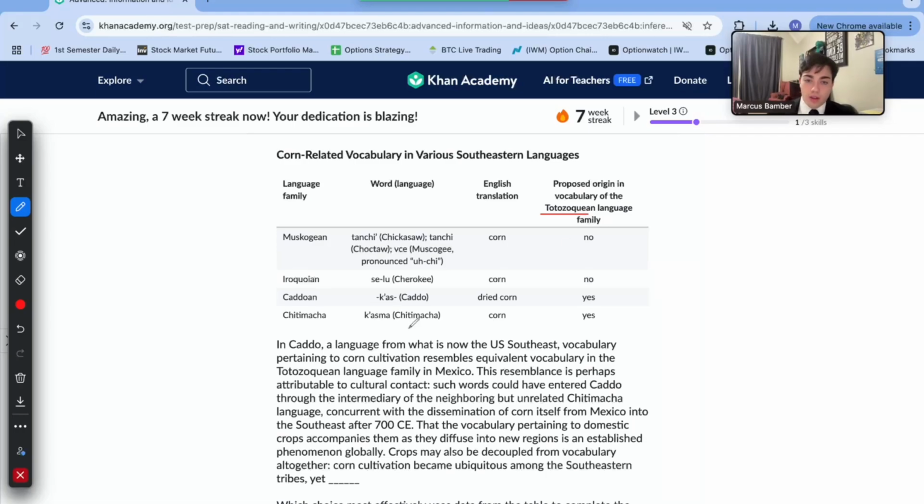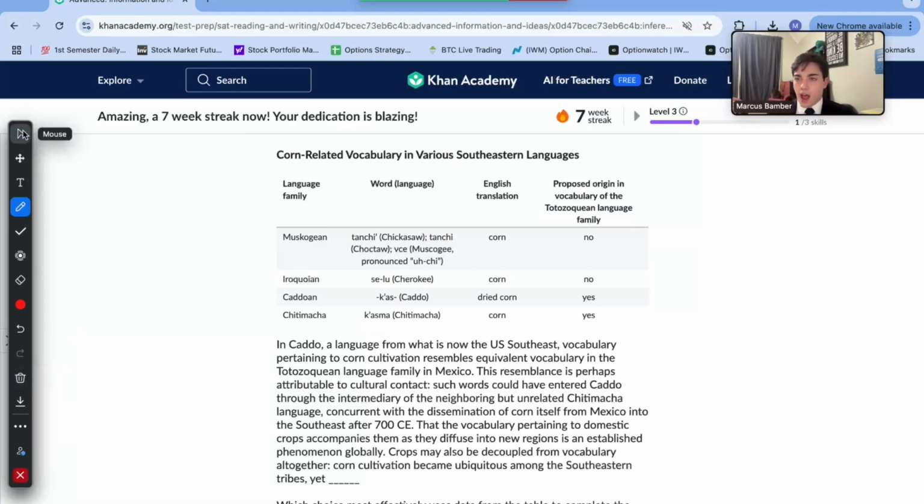So we have all these different words for corn pretty much, and two of them are part of the same Totozoquean language family, and we can already start drawing conclusions that they are quite similar. We have this k-apostrophe-as that is common in both. Meanwhile, in the other two language families that are not related to the Totozoquean language family, they are completely different.